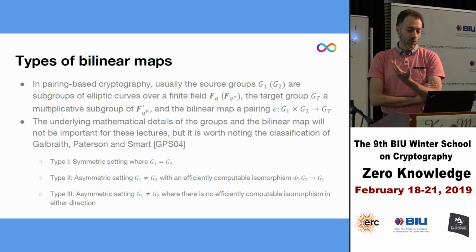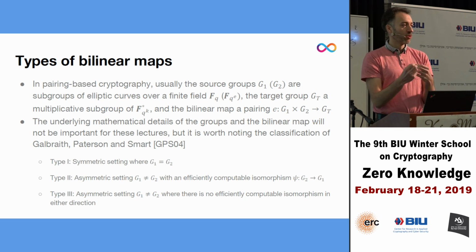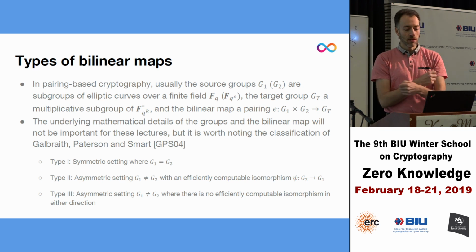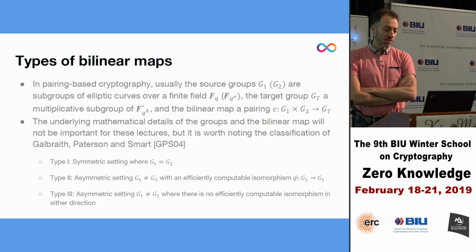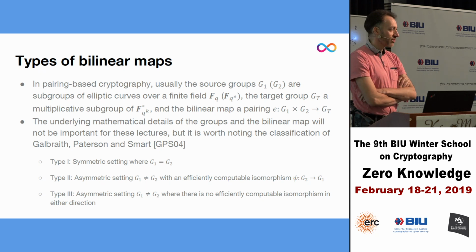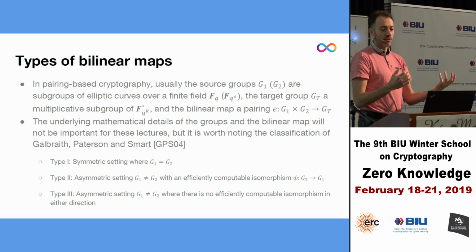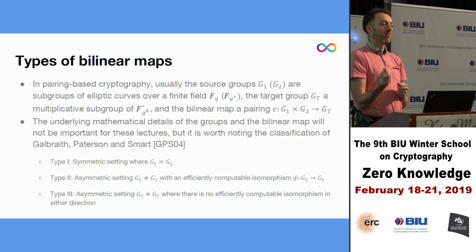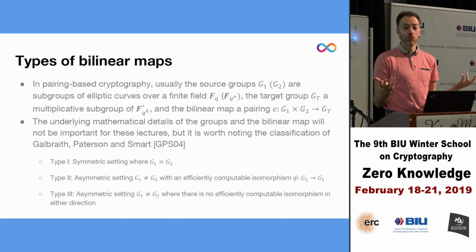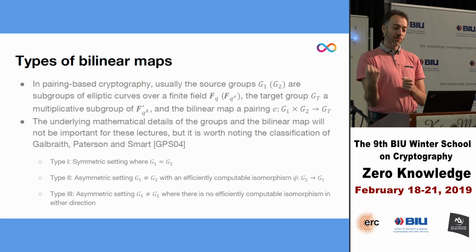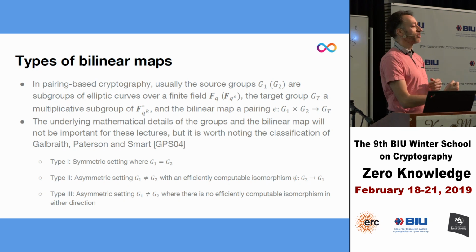So they distinguish between a symmetric setting, where the two source groups are the same, an asymmetric setting, where they're not the same, but there's an isomorphism between, so of course all the groups have prime order P, so they're all isomorphic to each other. But in one of the directions, from G2 to G1, it's actually efficiently computable.